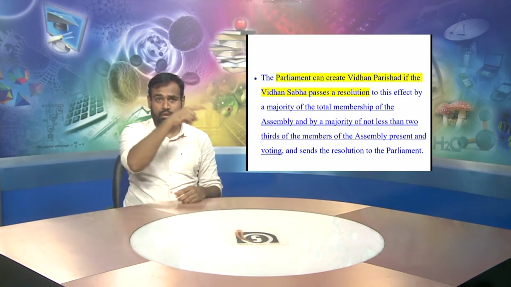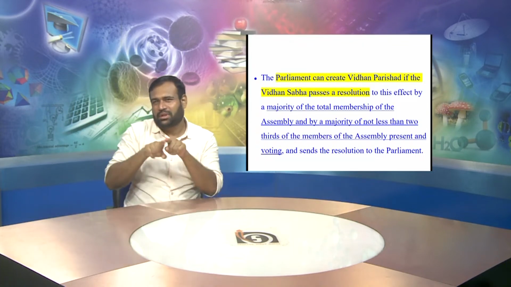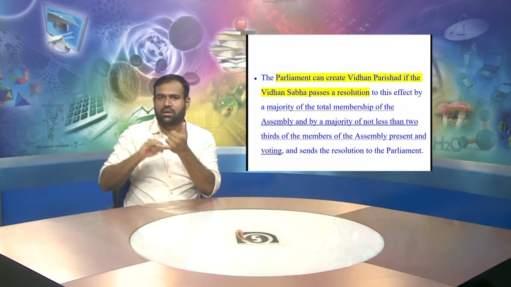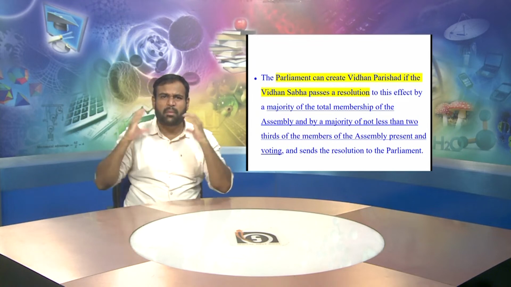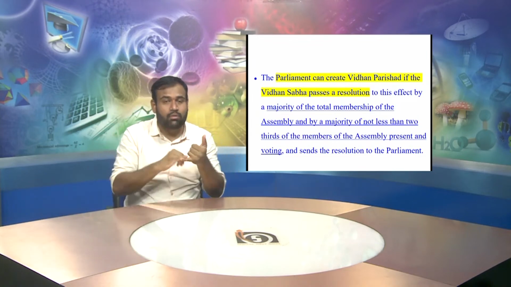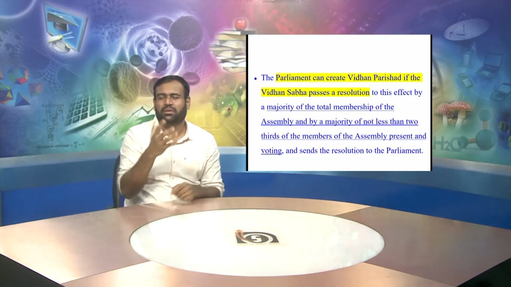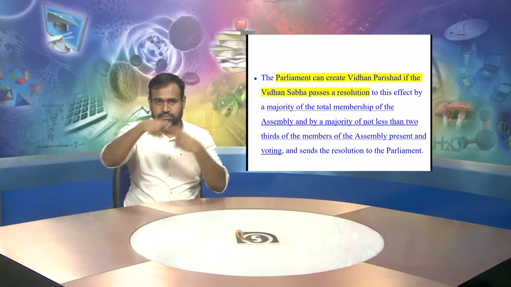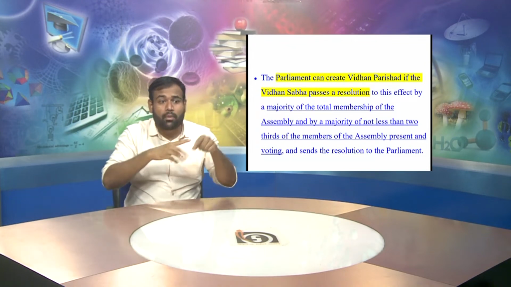The Parliament can create a Vidhan Parishad if the Vidhan Sabha passes a resolution to this effect by a majority of the total membership of the Assembly and by a majority of not less than 2/3 of the members of the Assembly present and voting, and sends the resolution to the Parliament.